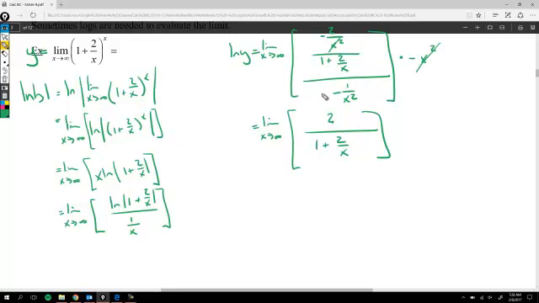That's how I simplified that. So this is much simpler now. If I plug infinity in, I have 2 over 1 plus 0, which is just 2. But remember, this was natural log of y we were talking about. So I can exponentiate both sides and say that y equals e squared. Alright, that's it for this. See y'all later.